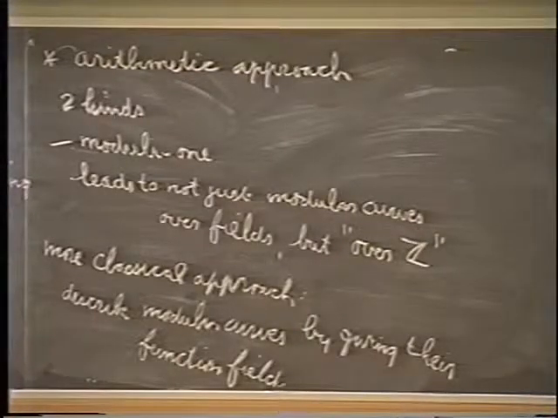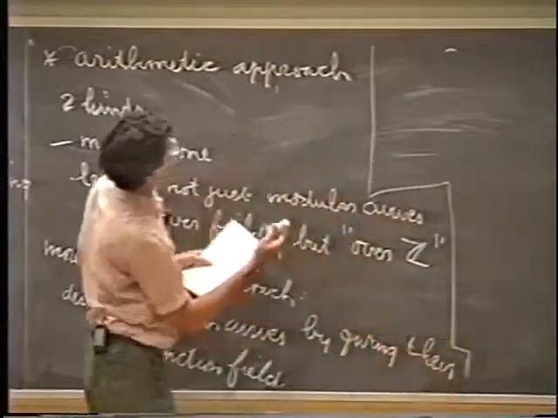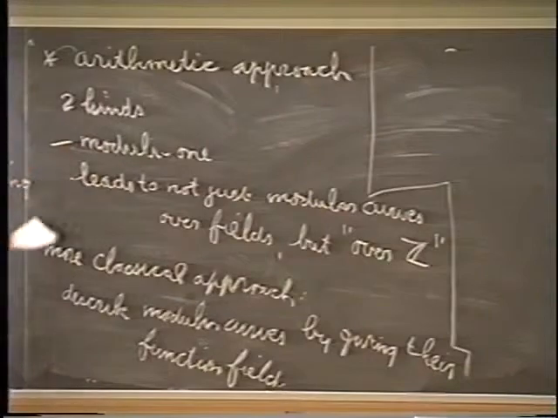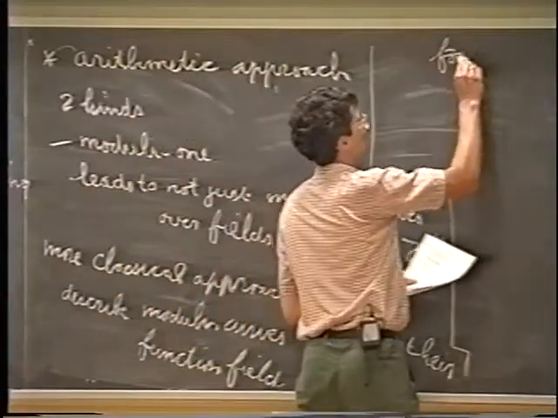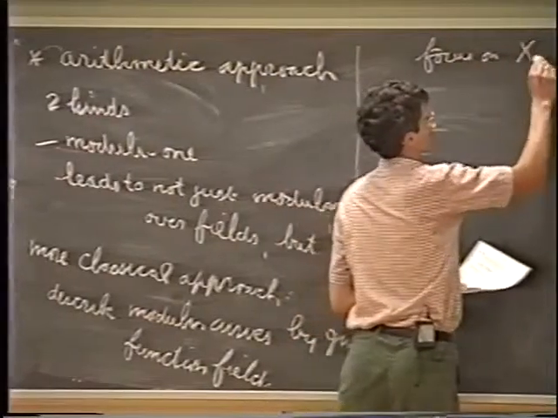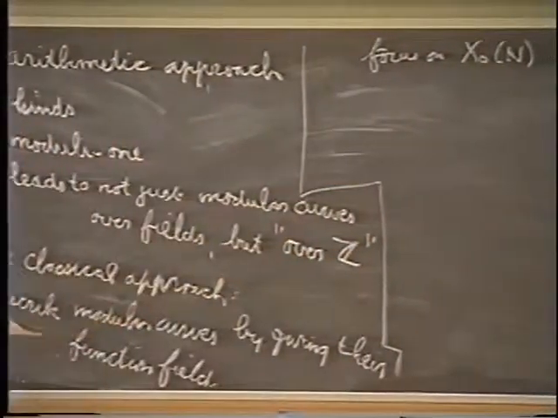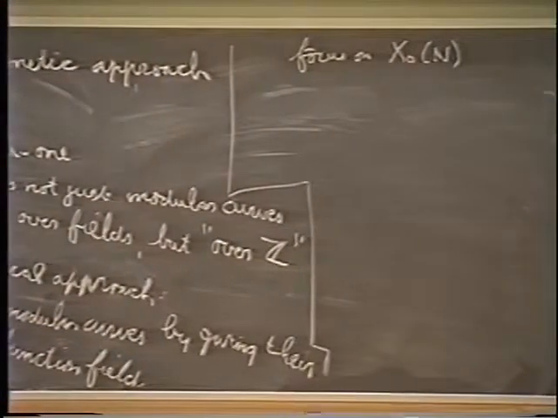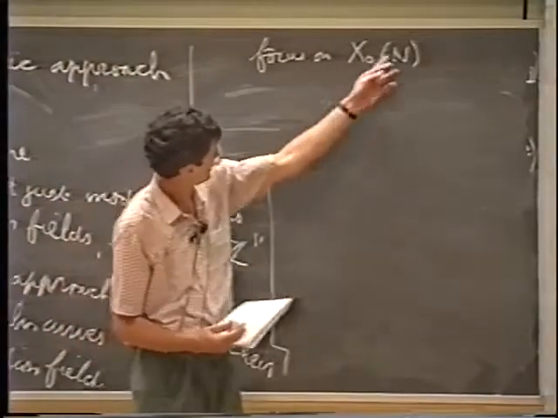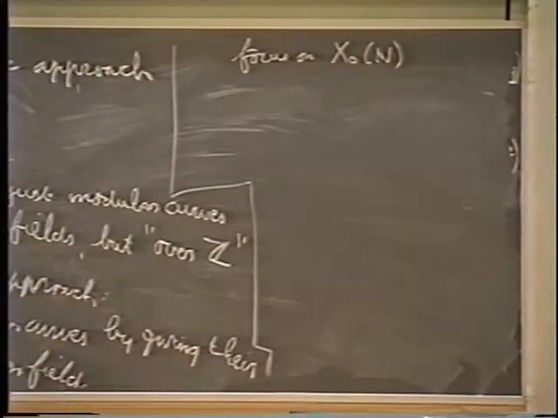So what happens here? I cannot describe all the modular curves in the same detail that I had on the blackboard so far. So we focus on this X0(n), which is a curve which I didn't define yet. I only defined what its points should be. The points should correspond to isomorphism classes of pairs, an elliptic curve and a cyclic subgroup of order n.